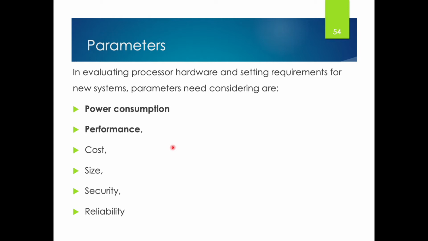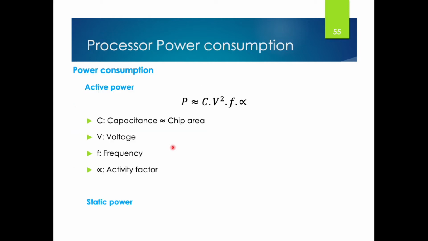The evaluation of each item deeply depends on the environment that we take into consideration, and in our lectures we focus only on power consumption and performance. First, we talk about the processor power consumption.